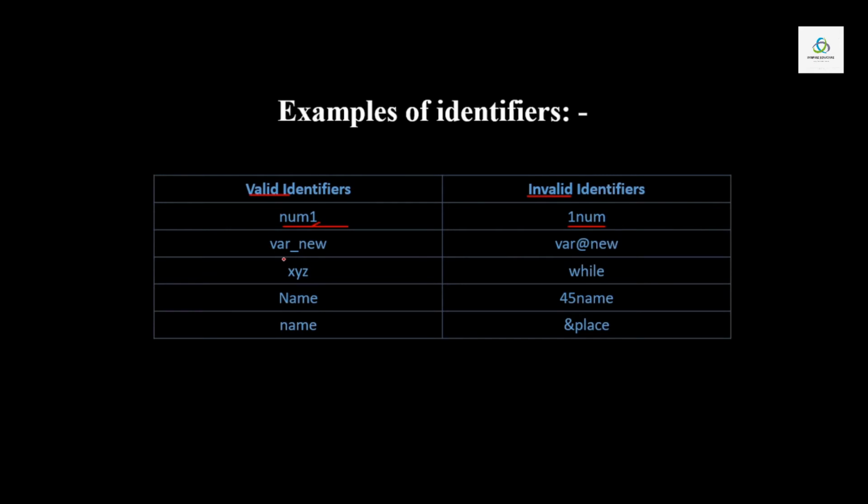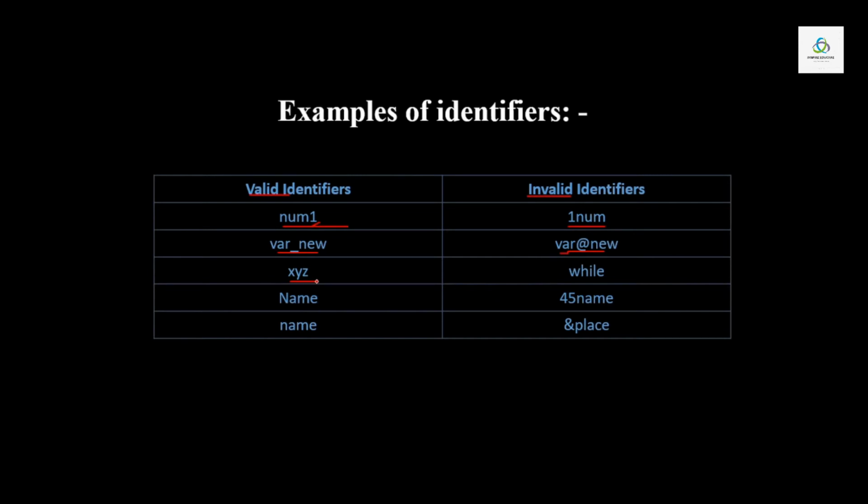Second one is var underscore new. This is a valid identifier as you are using underscore as a special symbol. But over here you are using @. It is var@new. This is invalid because the @ symbol is not allowed while declaring an identifier. Third one, in valid is XYZ.